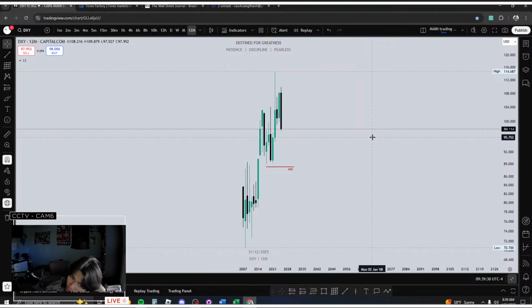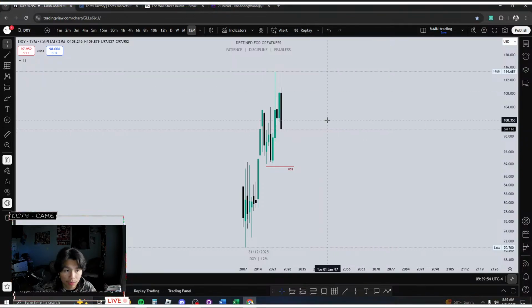Well, if we have a weak dollar, let's not say it loses value, because that's a little too negative a connotation, but this decline in the dollar compared to other currencies means we aren't going to be as strong as where we were before. We're at 98 right now.